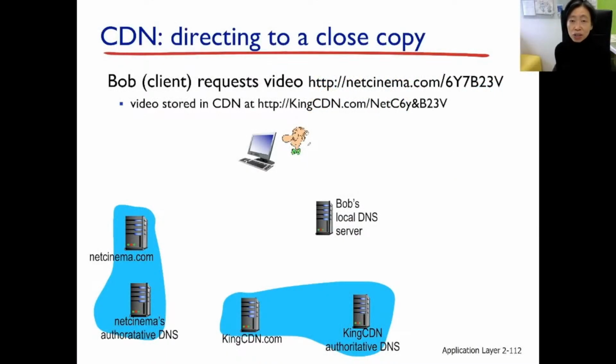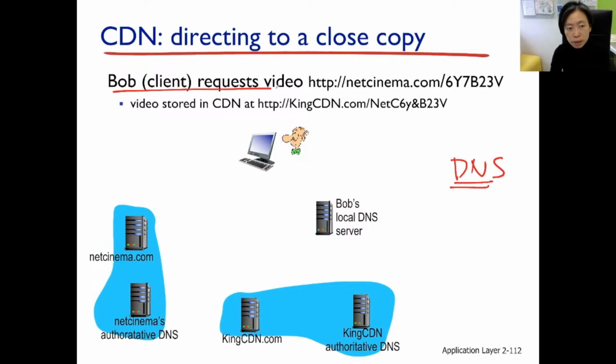What's remaining are just 2 examples of how CDN requests are being redirected such that it reaches the physical location. So in the first example, it's more the Akamai model, which borrows from the services provided by DNS.